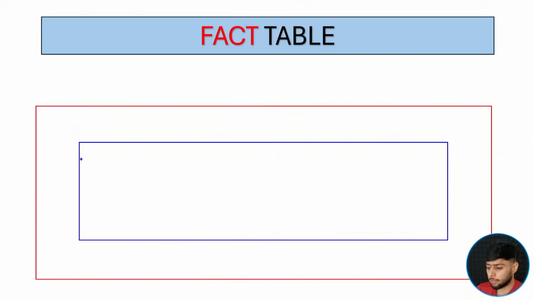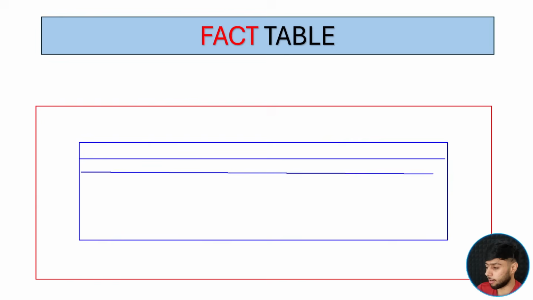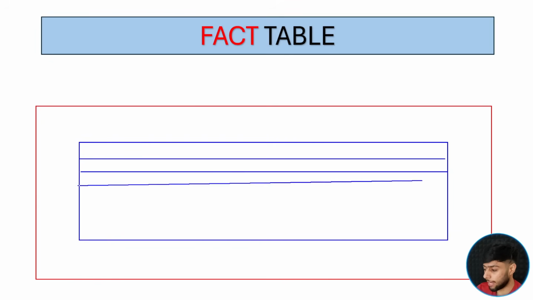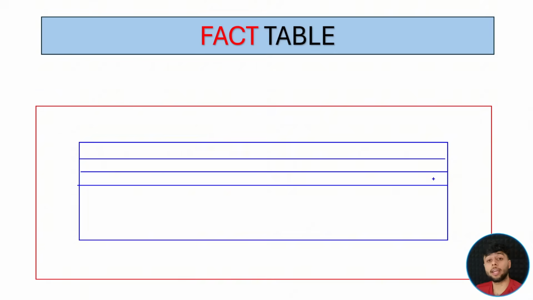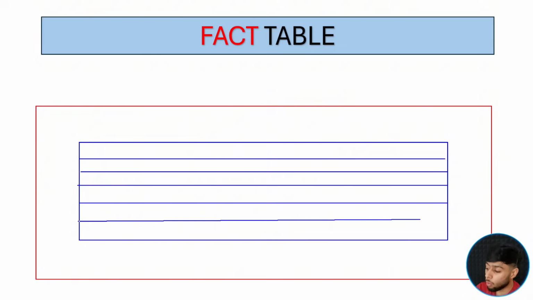If we have one record in the original table, we will be having one record. If we have 10, we will have 10, and in our case we have 15, so we will be having 15 records. This will be the most granular data.